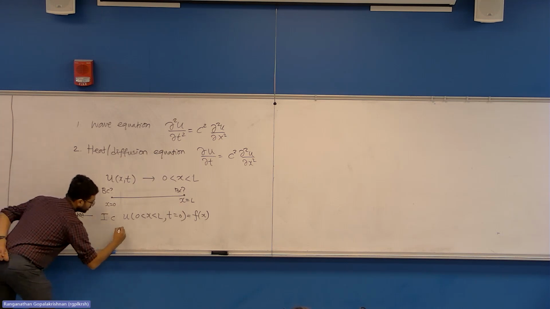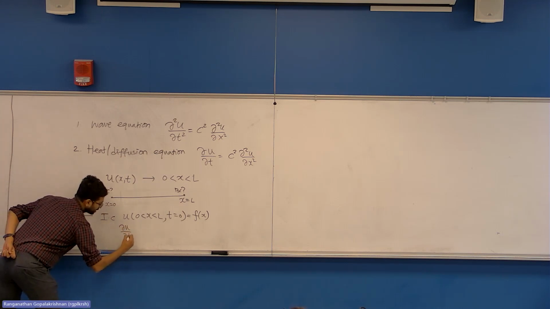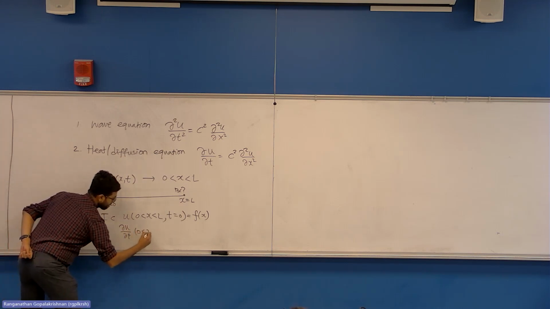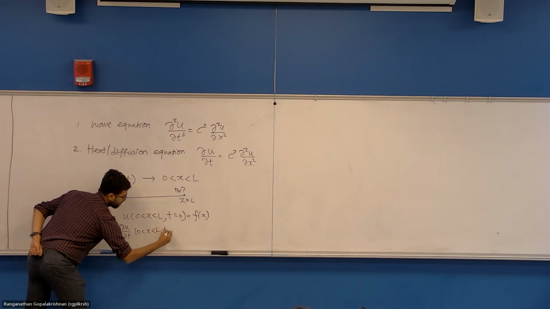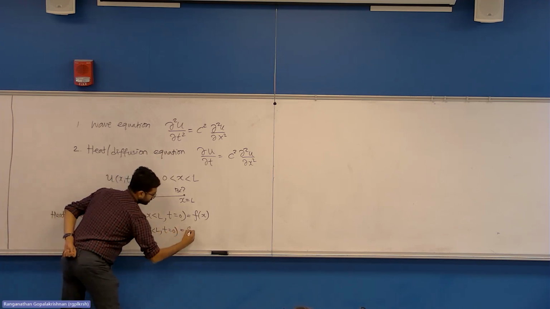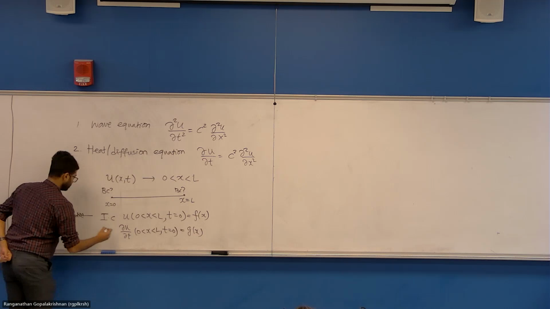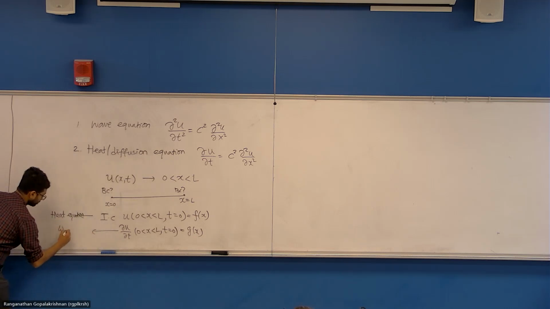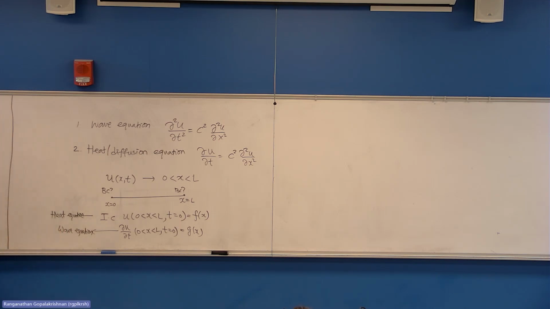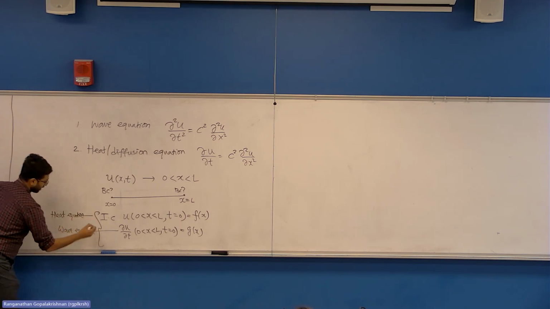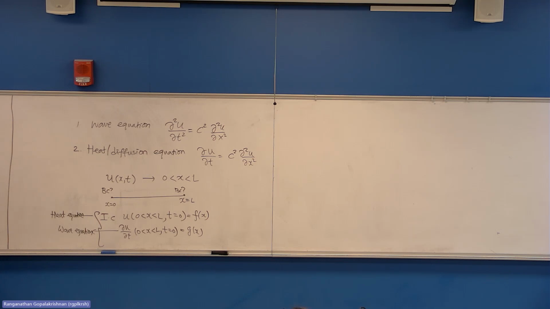For the wave equation, you also need to know the first derivative with respect to time. We call that g of x. That is, for wave equation, you need both. For heat equation, you just need the initial condition for u.